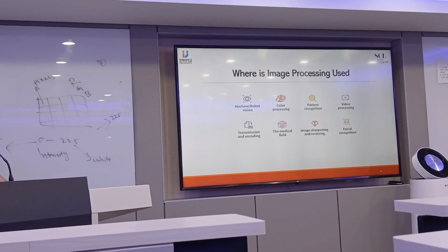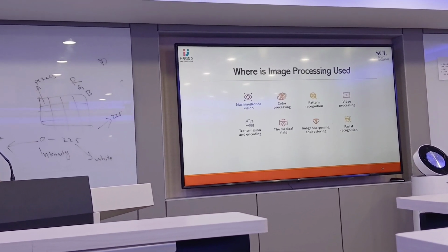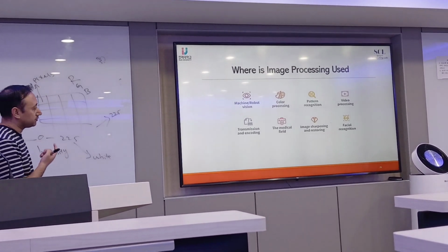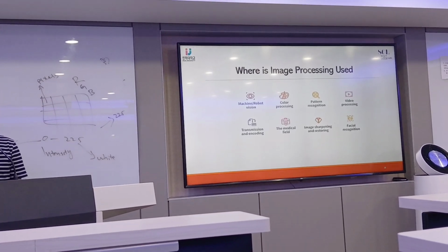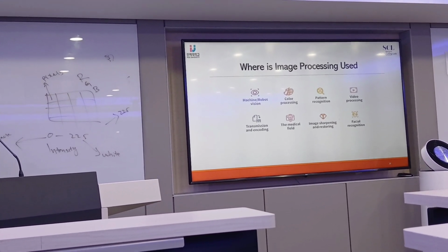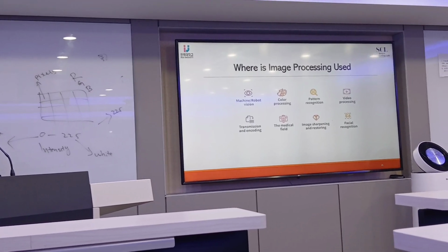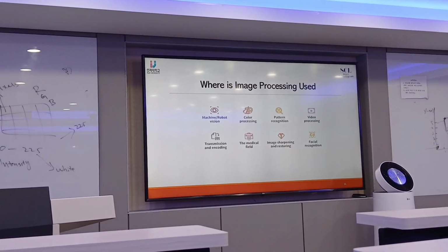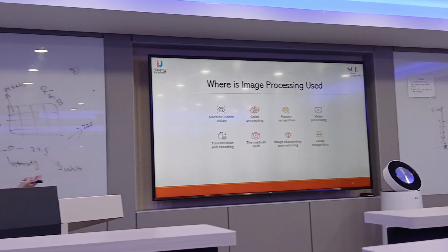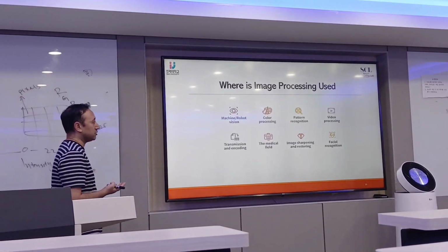This can be used in robots. And color processing. If you want to apply some color processing, for example, blurring, changing grayscale to RGB, RGB to grayscale, or HSV.